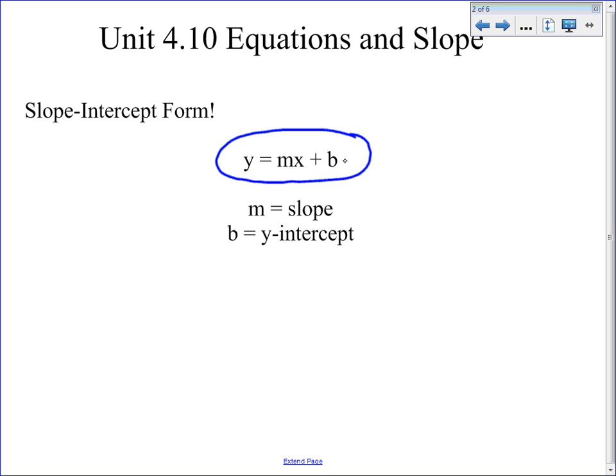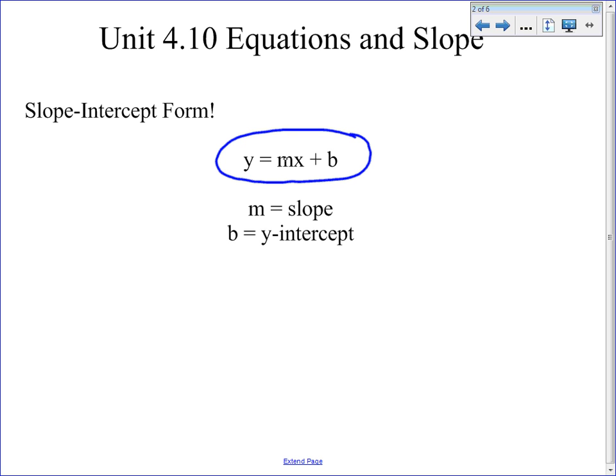This is what we call slope-intercept form. It's called this way because, first of all, it's a way to write linear equations or relationships. And it's called that because we know that y is going to equal some number times x plus another number. Okay?